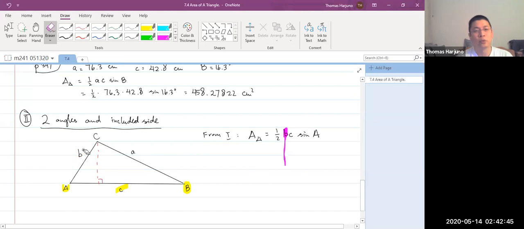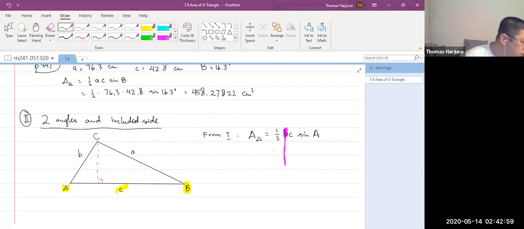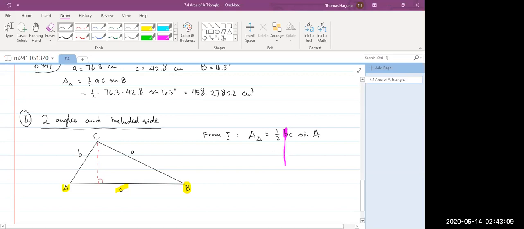We know those two angles and the included side. So what I will do then is use law of sine to help me get the B. B over sine B equals A over sine A, right?